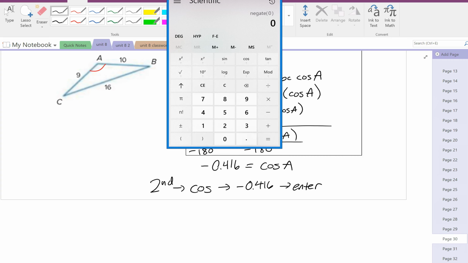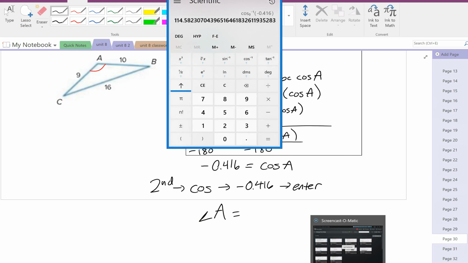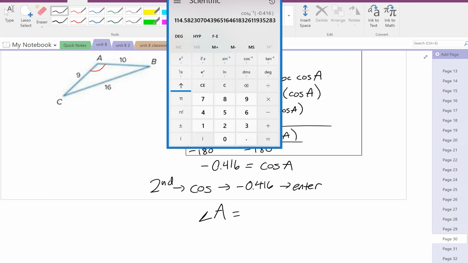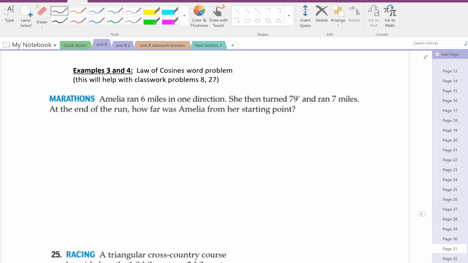So negative 0.416, and then I want the inverse cosine of that. So angle A, the calculator's telling me, is 114.58 degrees. And there's my answer. All right, an example using the law of cosines.